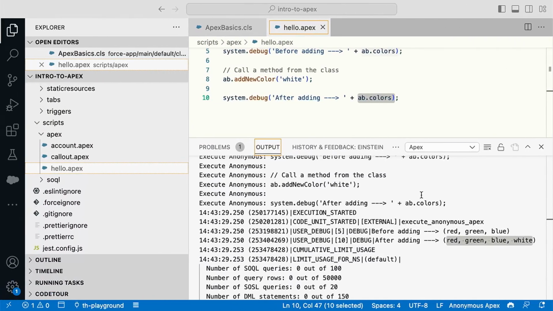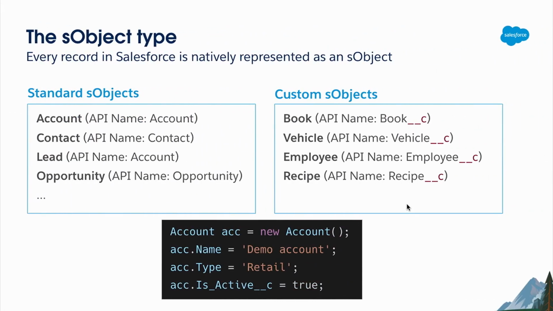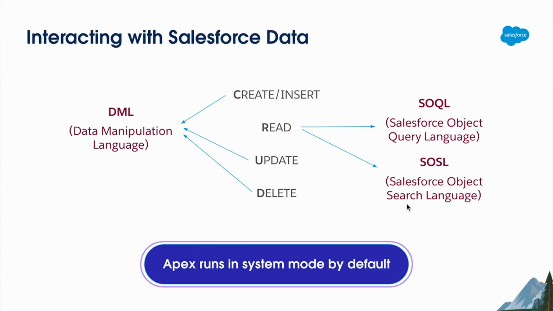Now let's look at a slightly more complex example. But before that, when you're interacting with data, I told you that there is a data type. But then you're going to interact with the Salesforce database as well. Now there are multiple operations that you can do. All of us know about the CRUD operations, create, read, update, and delete. So for that, we have different syntaxes in Apex.